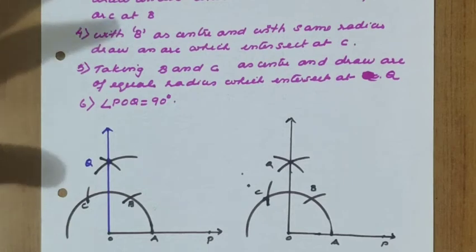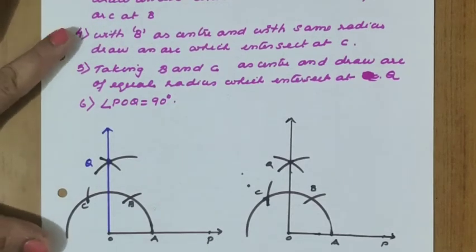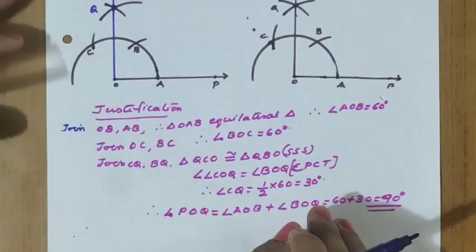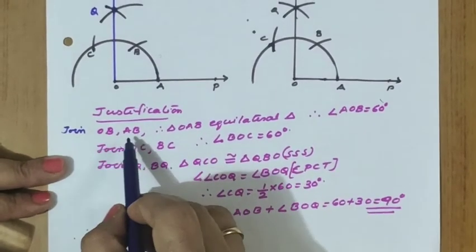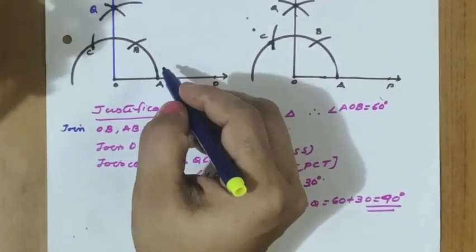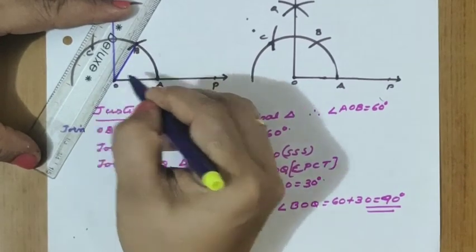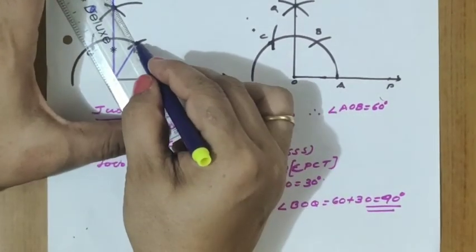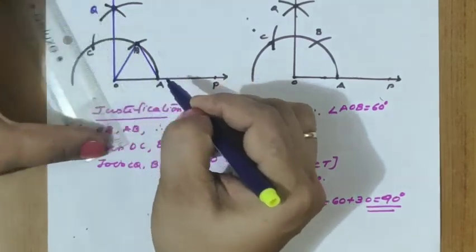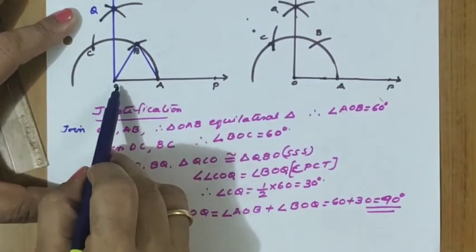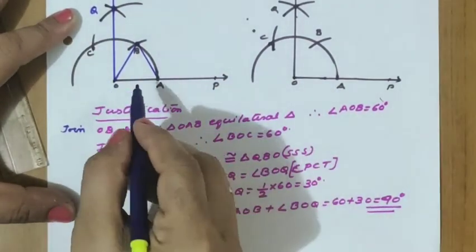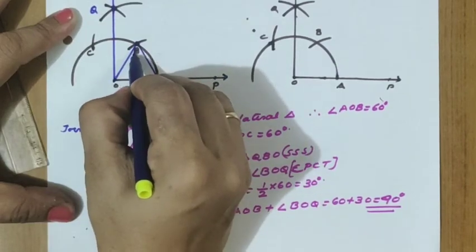Now how to do the justification. So join OB, AB. So I'm joining OB here. Next AB also I have joined. B is here only.